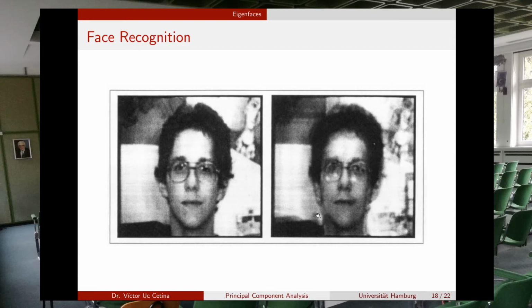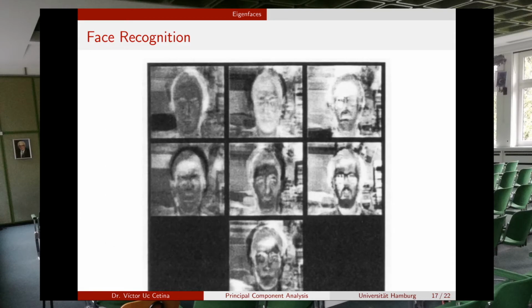So mainly what they are saying is we have these 7 components, and we can reconstruct each of the faces in our dataset by summing some amount of the first eigenface plus some amount of the second eigenface plus some amount of the third eigenface, and so on.